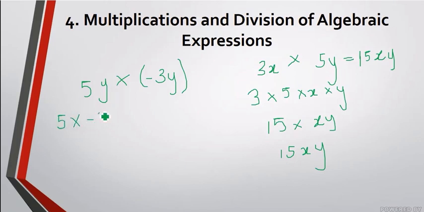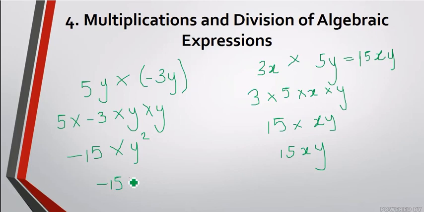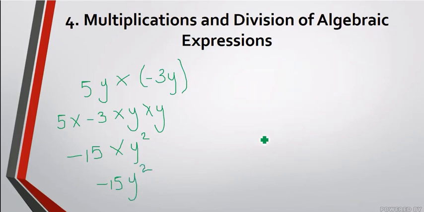We're going to multiply 5, multiply by minus 3, multiply by y, multiply by y on this side. What are we going to get? Positive 5 multiplied by minus 3 is going to give us minus 15, and y multiplied by y is going to give us y squared. So we have minus 15 multiplied by y squared, which gives us a total of minus 15y squared.